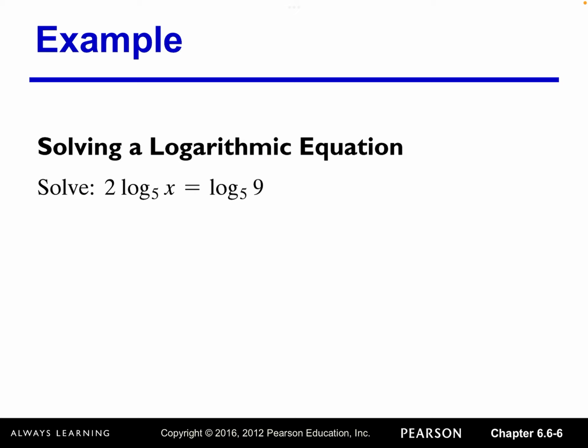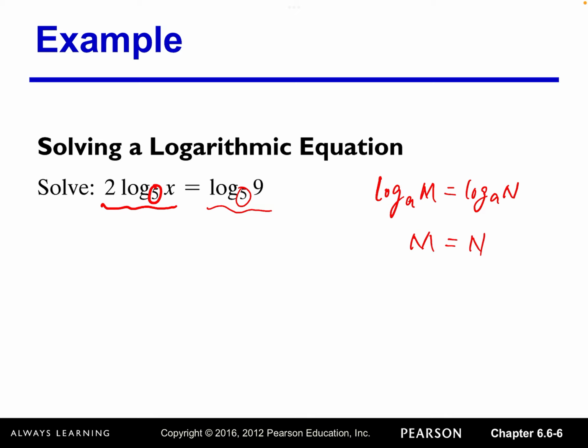In this equation, the left-hand side is a log, the right-hand side is a log, and they both have the same base, 5. So we can use the property that log base a of m equals log base a of n, and then we can derive that m must equal n.